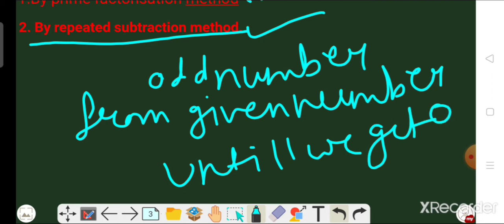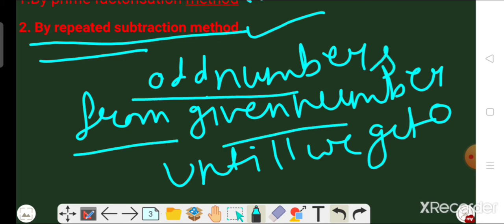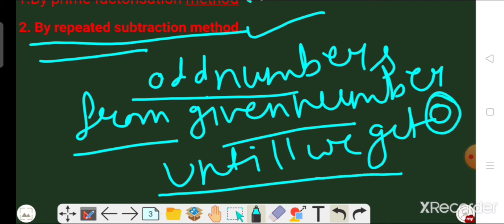By repeated subtraction method, we have to subtract odd numbers from the given number whose square root we have to find until we get 0. To understand, let us look at the example.